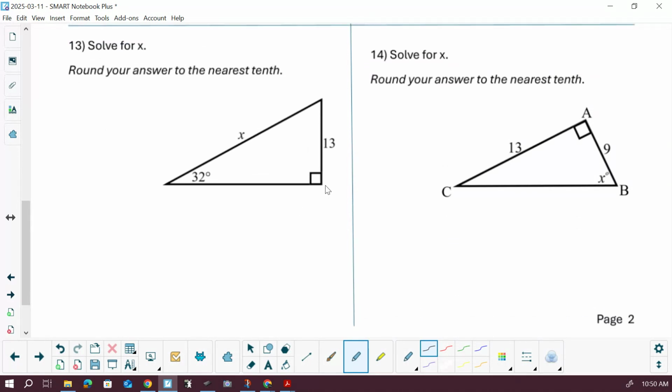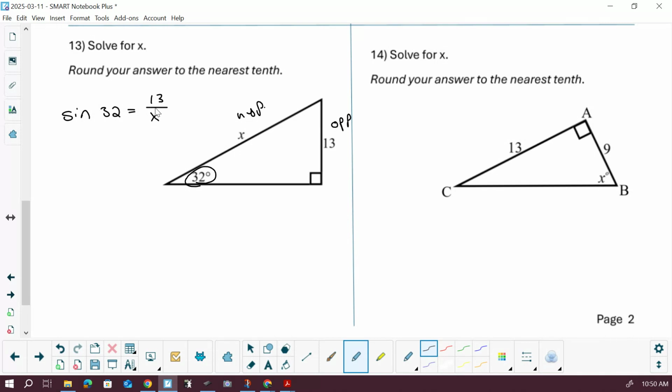All right, now we're ready for our trig stuff. Let's see here. We have our angle right here. This 13 is on the opposite side of the triangle from that angle. The x is the hypotenuse. Opposite and hypotenuse is sine. Sine of the angle equals the opposite over the hypotenuse.